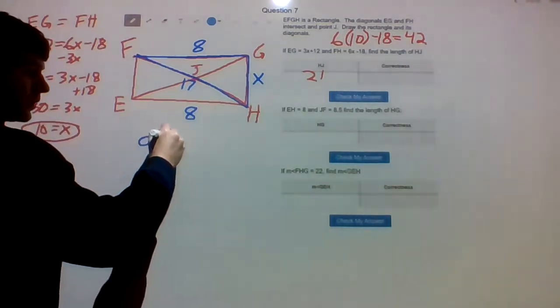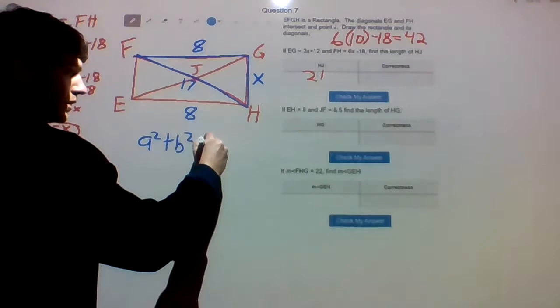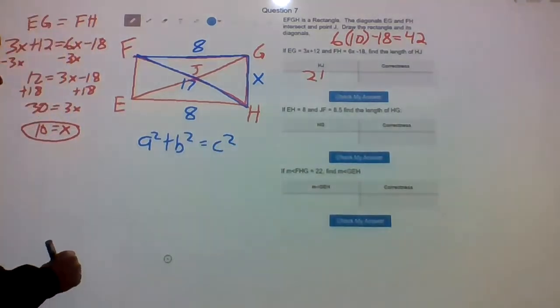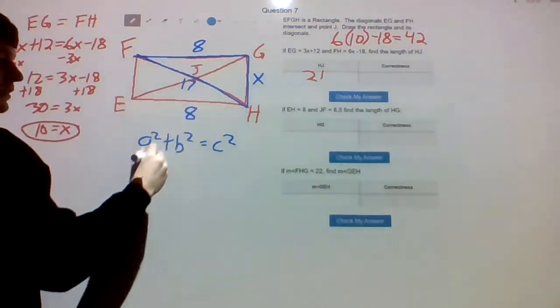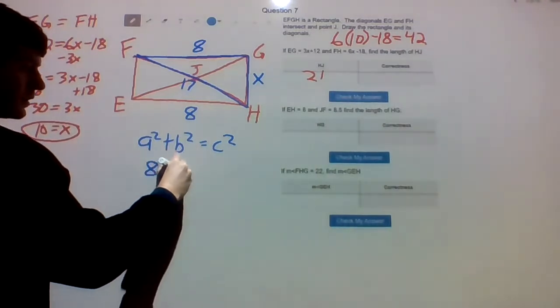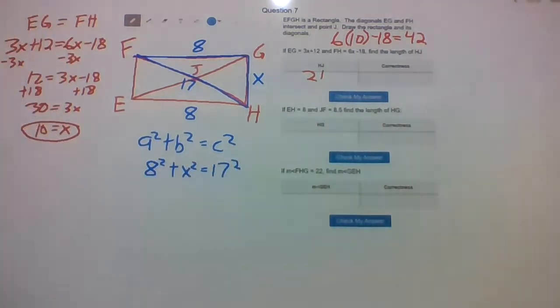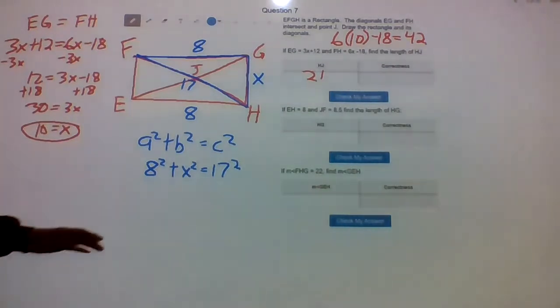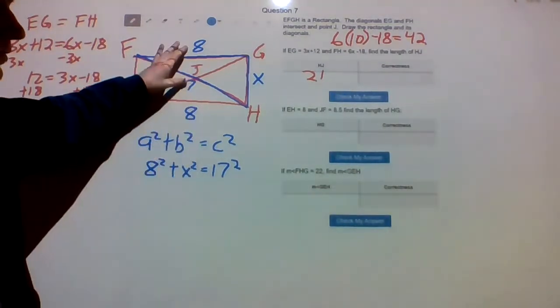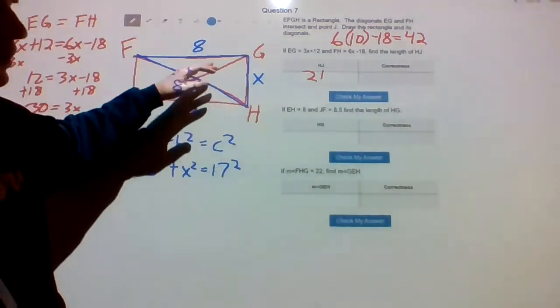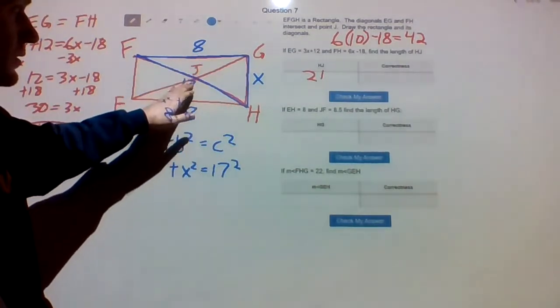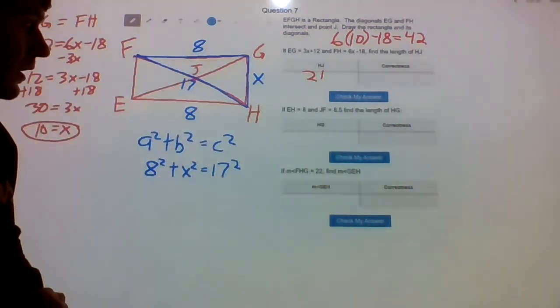So this is going to be a squared plus b squared equals c squared. So a and b are your legs, so 8 squared plus x squared equals your hypotenuse, which is c squared. Okay, a lot of you guys on the test, or a lot of you in the past, just look for the numbers and set them equal to the x. So a lot of you guys have been doing 8 squared plus 17 squared equals x squared.